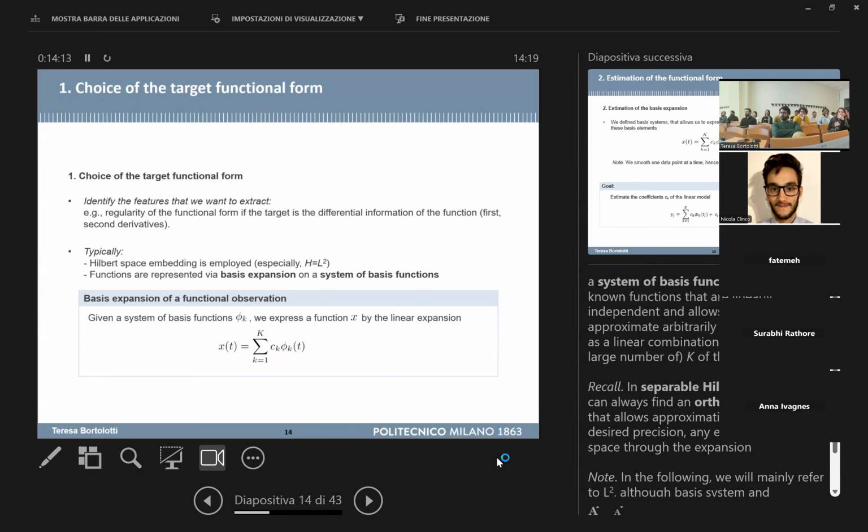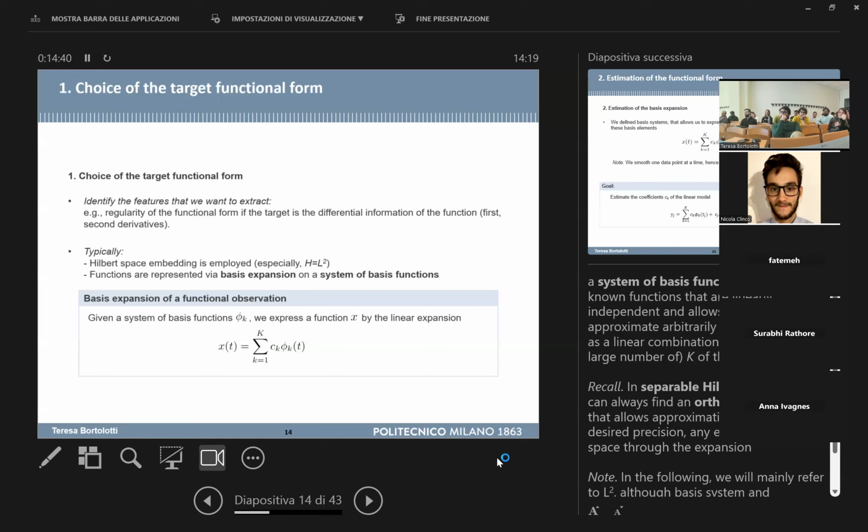So basically, your x can be written in this way, and it is identified univocally by a vector, k vector of coefficients. So if you need to estimate x, you need to retrieve the best coefficient possible. Of course, here, the assumption is that the larger k, the better you are approximating your x. Why does this make sense?